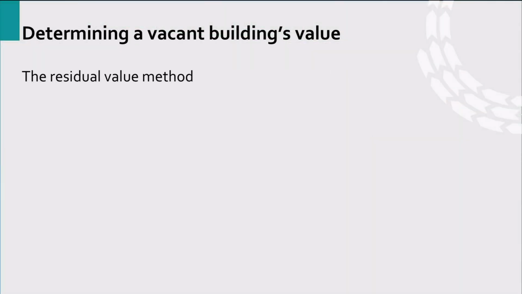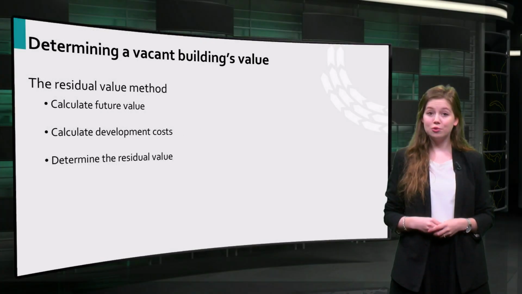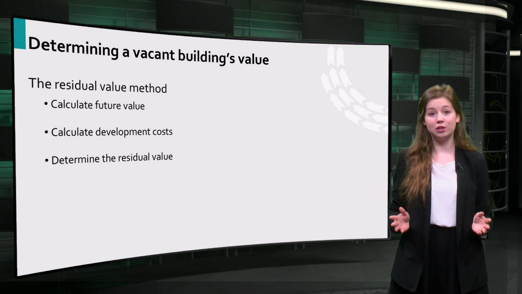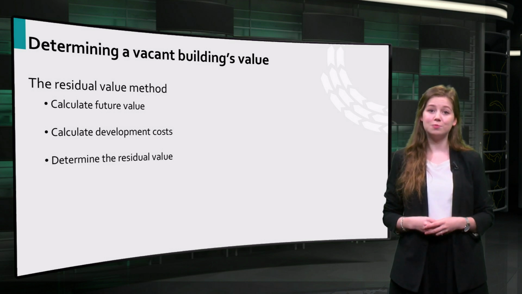The value of a vacant building can be determined with the residual value method. In this method, you calculate the future value of the building for a specific reuse concept, the development costs, and you then determine the residual value. The residual value is the price that a developer is willing to pay for a vacant building when transforming it into a specific function.